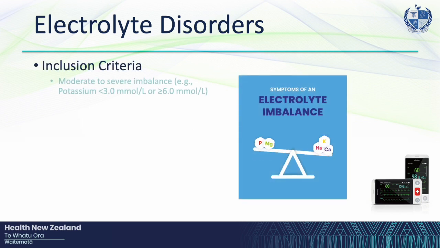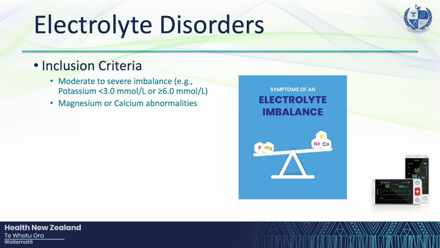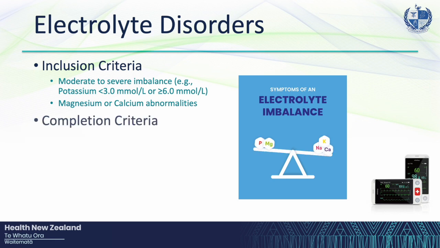Electrolyte imbalances such as low or high potassium, magnesium, or calcium can disrupt the normal functioning of the heart and lead to serious irregular heartbeats, including high-grade AV block. Monitoring allows for early detection of irregular heartbeats, enabling prompt correction of electrolyte levels and stabilization of the heart rhythm.